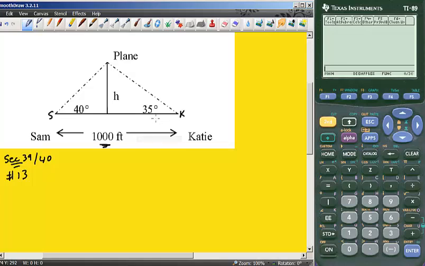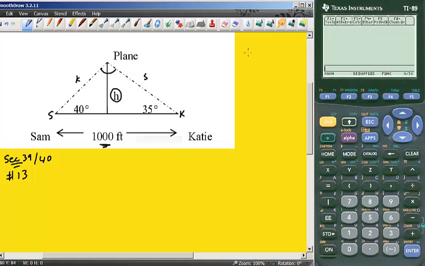How high above the ground is the plane the moment Sam and Kate spotted it? So we're trying to find the height. Before we can find the height, we need to find either side S or side K. To do that, we need to know what this angle up here on the top is.